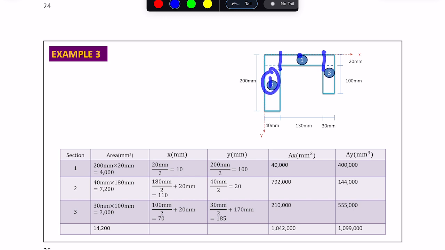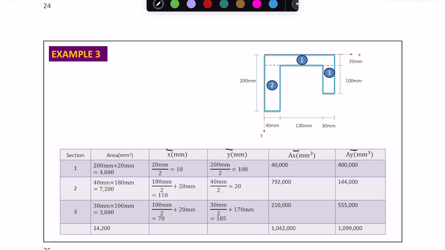So this is 1, 2 and 3, depends on your calculation. So for this one, I put the point of reference to find the centroid at this point, and the x-axis and y-axis as shown in the drawing.